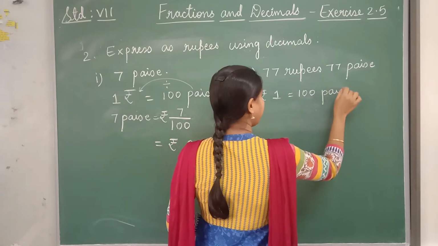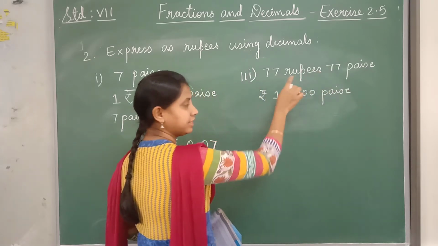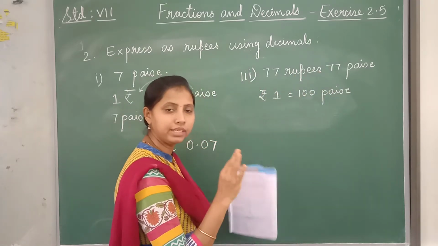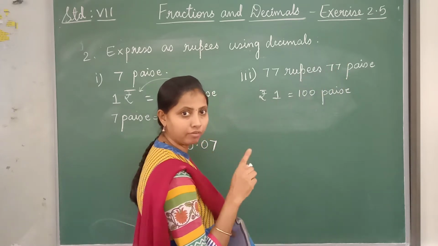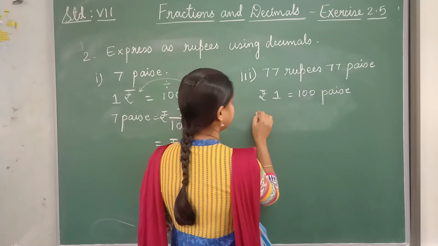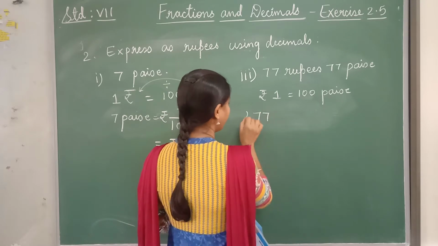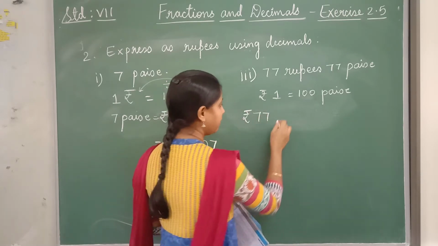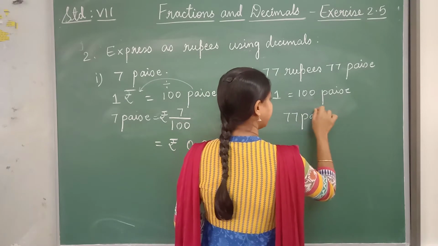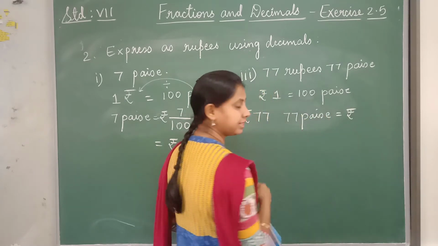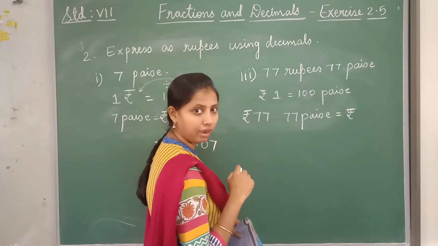Now 77 rupees, no need to convert. It is already in rupees. Only 77 paise you have to convert into rupees. Okay, children. So 77 rupees as it is. Only now 77 paise you have to convert. 77 paise will be equal to rupees. Again you have to divide by 100.